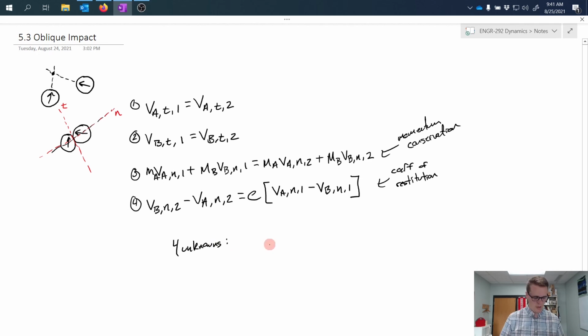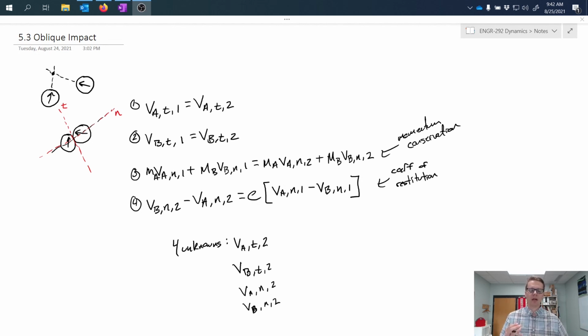And those are basically all the components of the velocity of particle A and particle B in the post-collision time step.